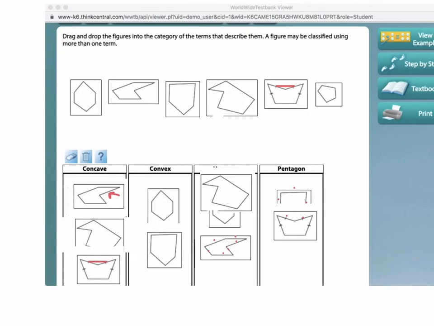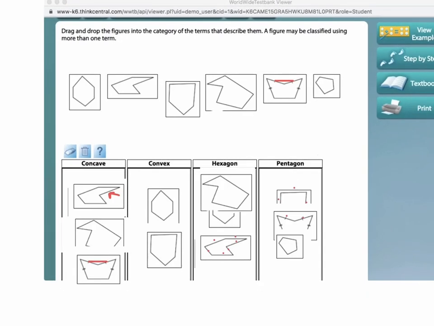And the final shape is 1, 2, 3, 4, 5 sides. It makes it a pentagon. And it is definitely convex because it doesn't go inside. So I will just put that shape in the convex category. Right, so we're just identifying which of these shapes are convex and which are concave, and you just count the sides. Remember, hexagon is 6, pentagon is 5.